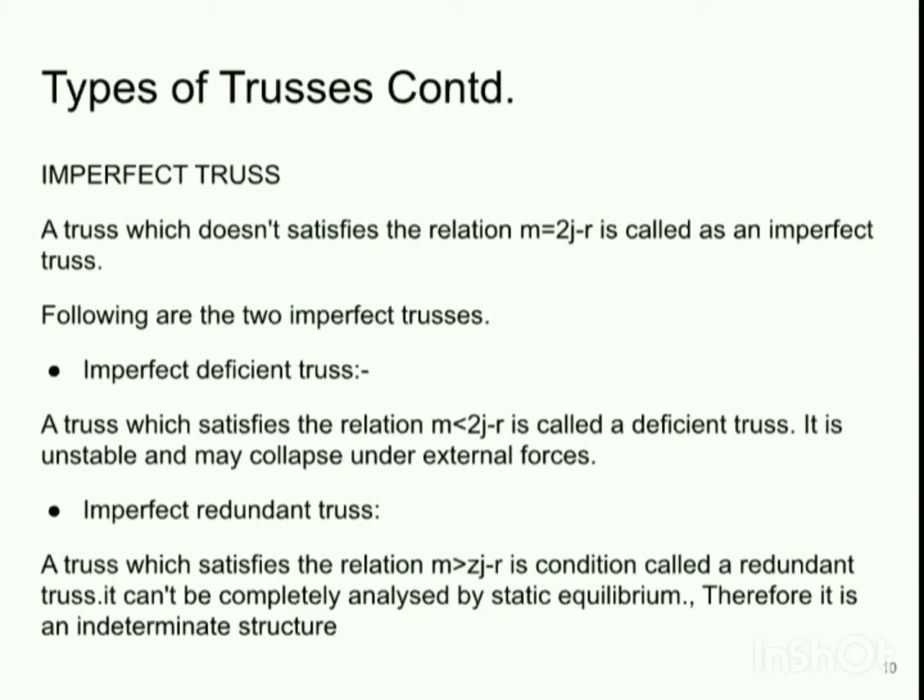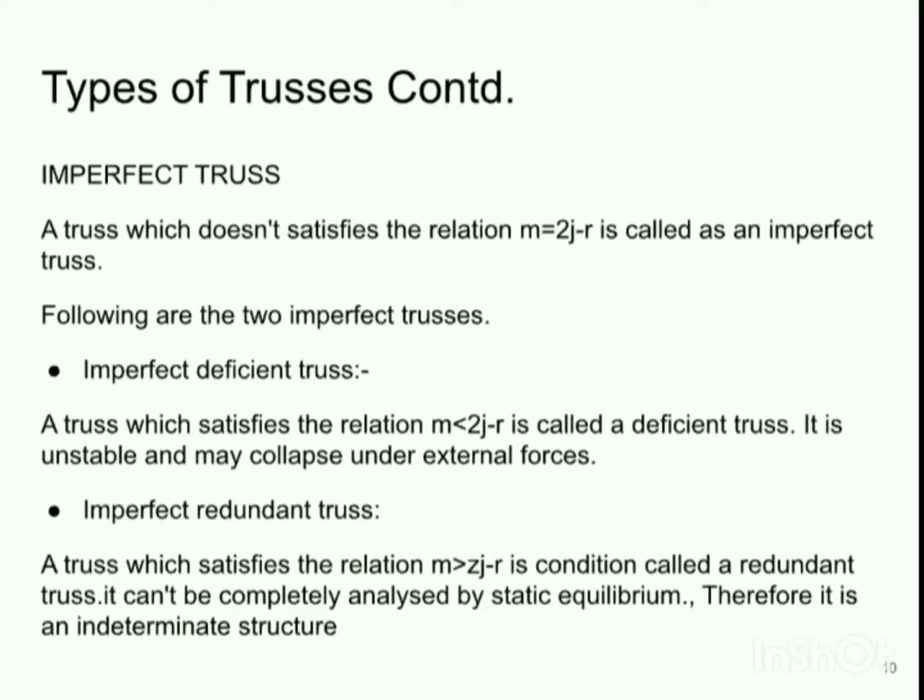First one, imperfect deficient truss. As the name says, deficient, it means the number of members are less than the required quantity, or are less than 2j minus r. A truss which satisfies the relation m less than 2j minus r is called a deficient truss. Such a type of truss will be unstable and may collapse under external forces. Next is imperfect redundant truss.